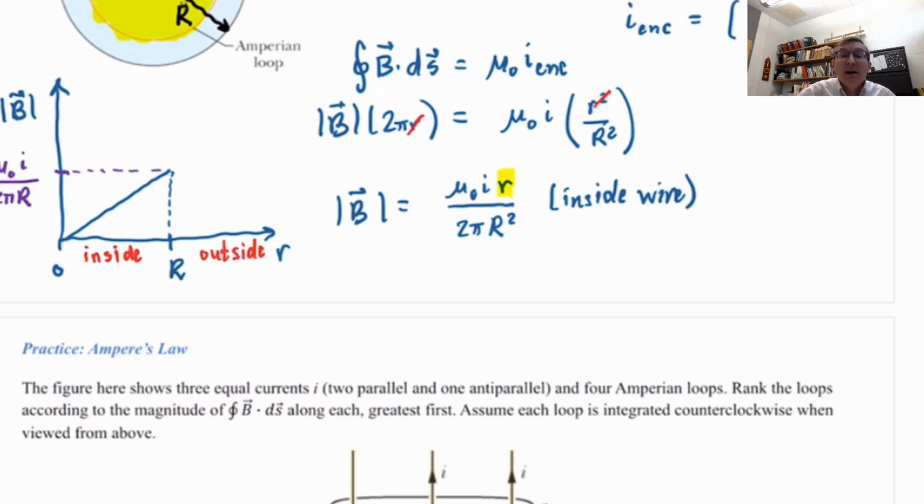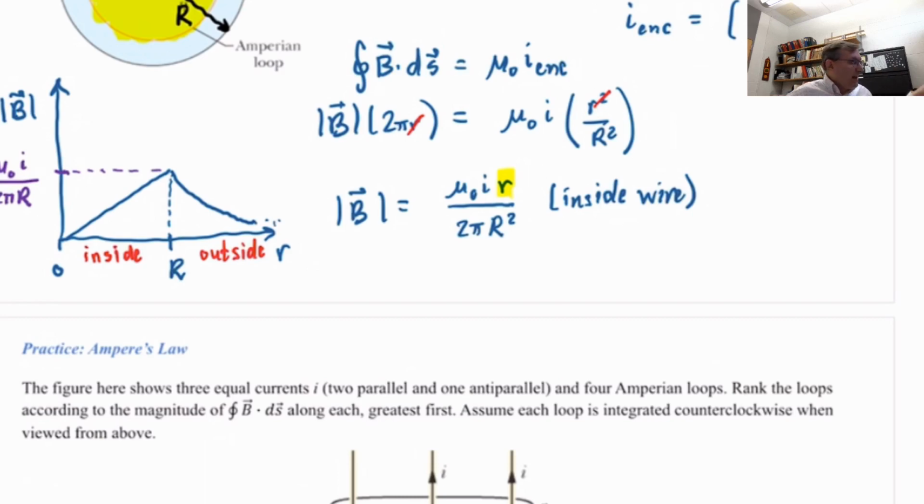And then you go outside and you need the 1 over r result. And it just goes down, getting smaller and smaller. And notice the field is continuous. It just picks up where the inside result leaves off and gets smaller.